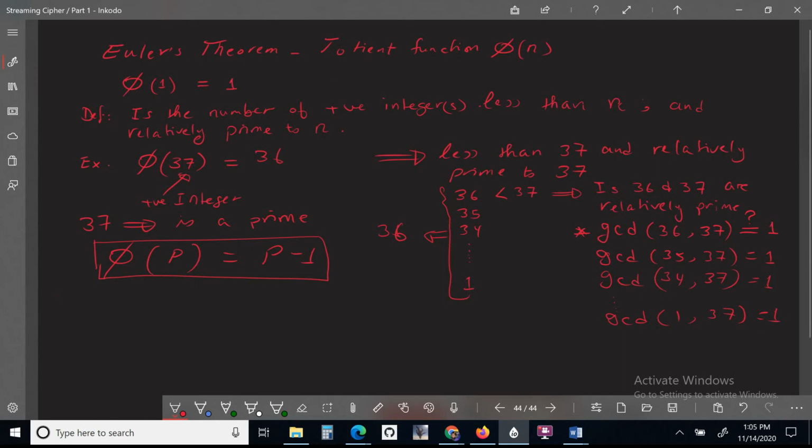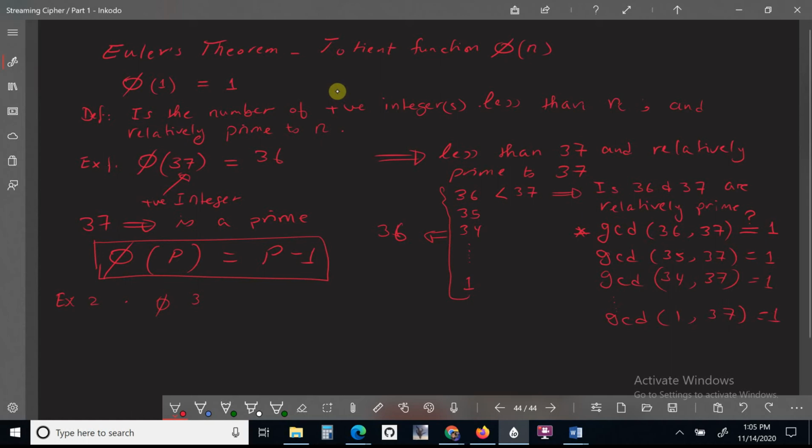Now another example. Let's say example 2, phi of 35. I'll come back to 35. Which one is prime? 36 is not prime, 35 is not prime, it is divisible by 5. 34 is not prime, 33 is not prime because it's divisible by 11.